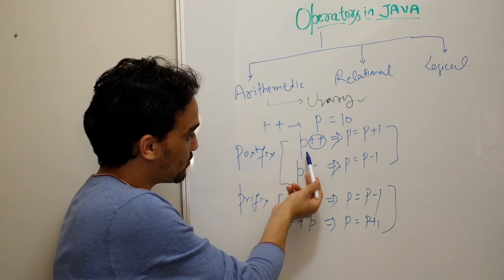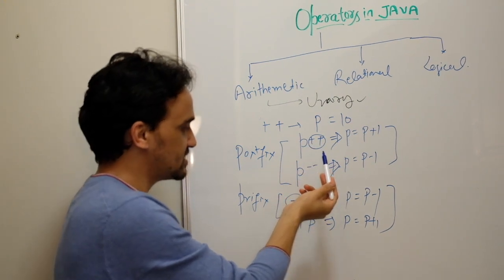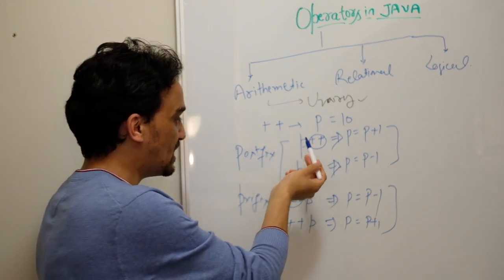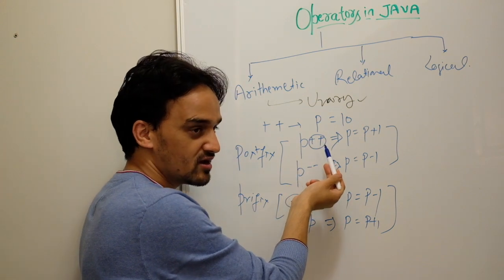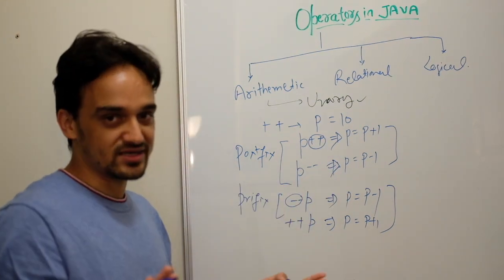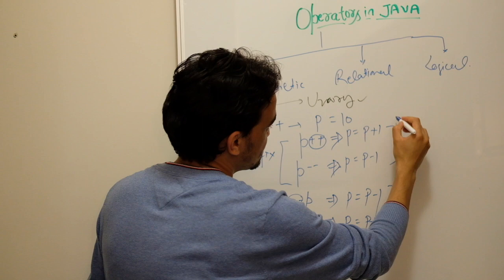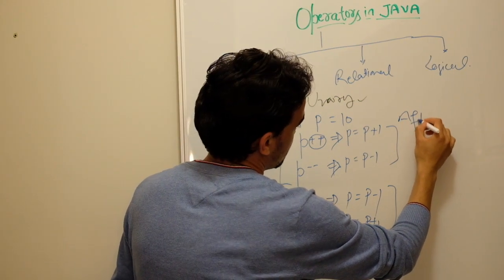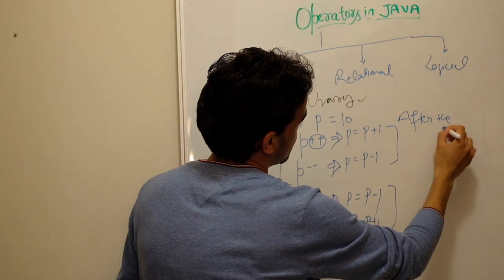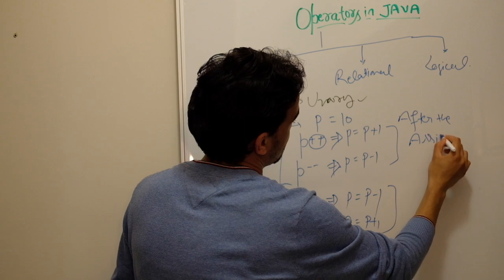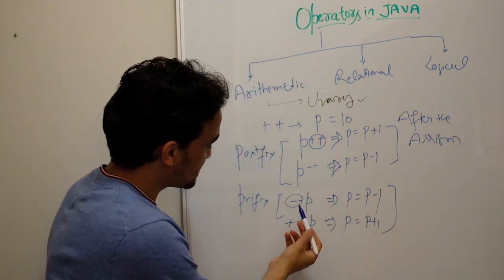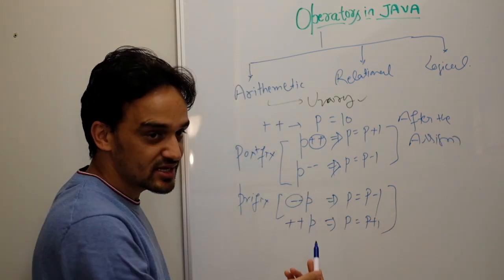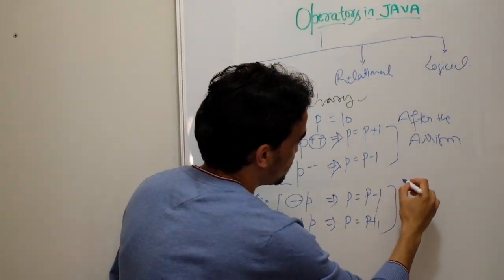If there is a postfix p plus plus, then the value will get changed after the assignment. And if it is minus minus p, then the value will get changed before the assignment.